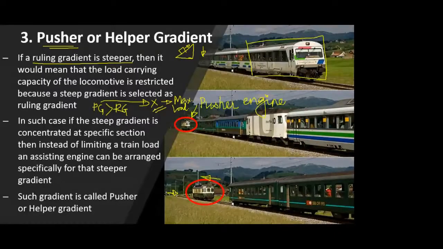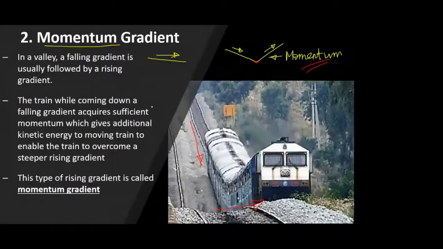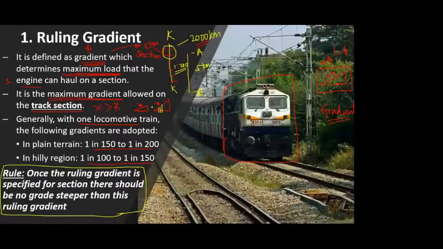Now what I'll do is I'll stop here for today. We have one more gradient remaining that we will be covering in tomorrow's lecture. I'll give you some time today to grasp the concept of ruling gradient because it's very important and it's quite tricky or confusing to get at the initial stage.